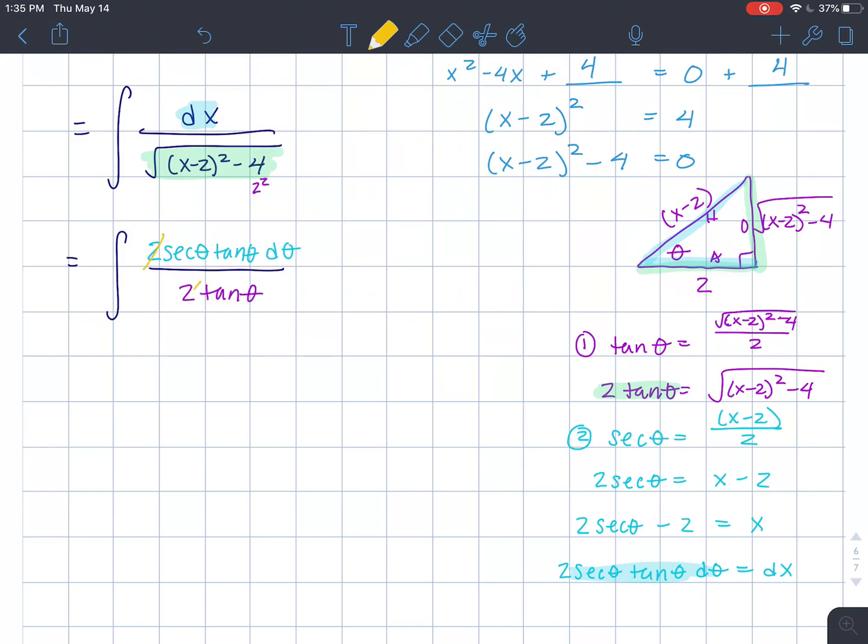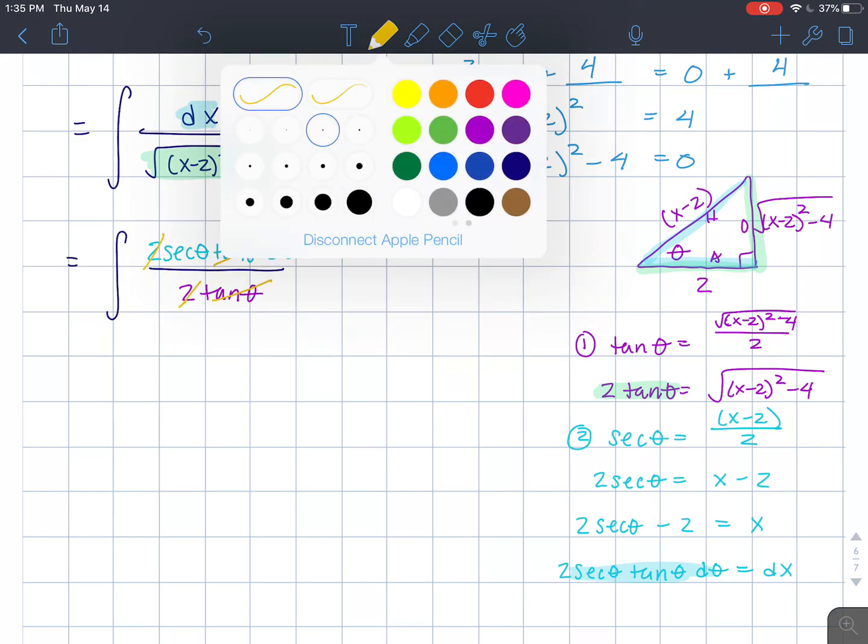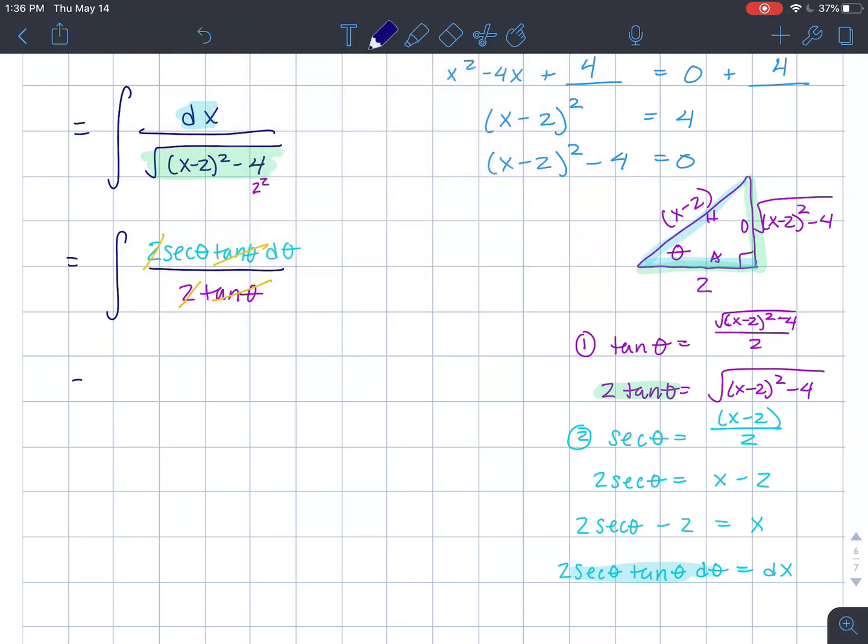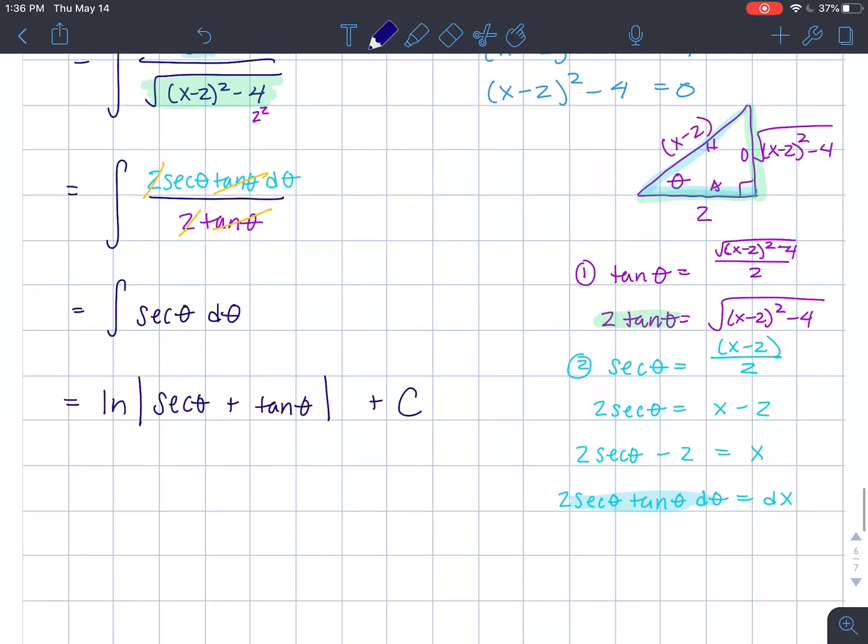Now this is super convenient because the 2's cancel out and the tangents cancel out. So our integral is going to become just the integral of secant of theta d theta, and we know the integral of secant is just the natural log of the absolute value of secant of theta plus tangent of theta, and then plus our c on the end since it's indefinite.